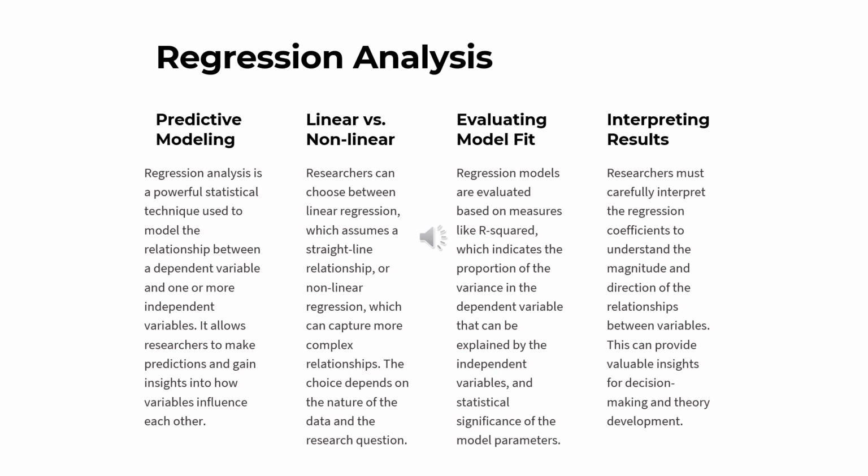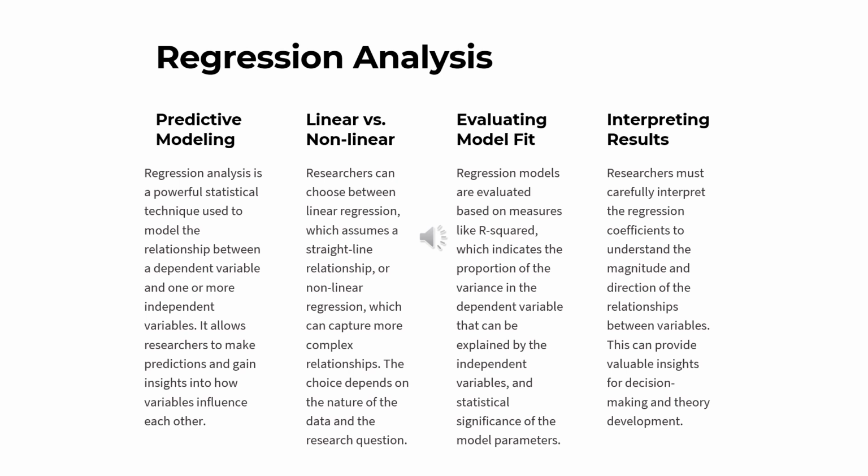Now, regression analysis. If we talk about the predictive modeling of regression, it is basically a powerful statistical technique which is used to model the relationship between variables, the dependent variable and one or more independent variables. It allows researchers to make predictions and gain insights into how variables influence each other, how they are related.